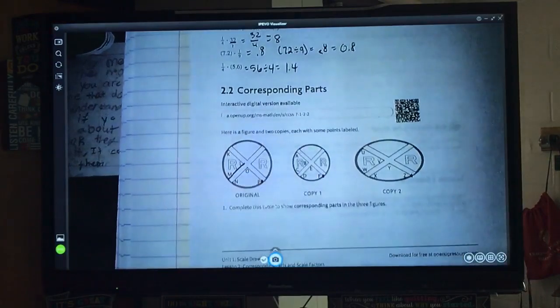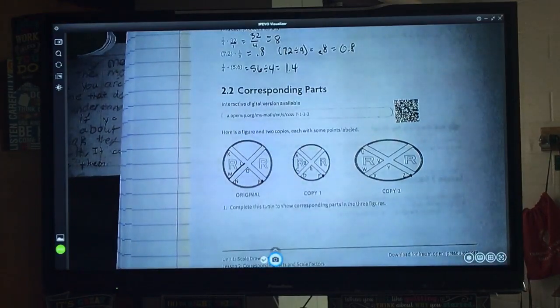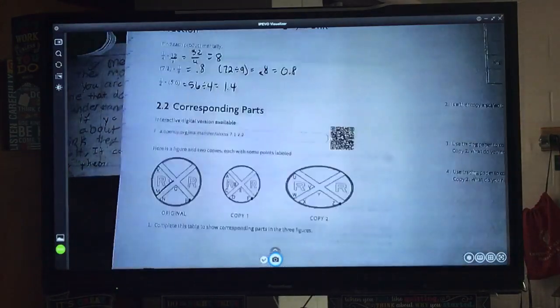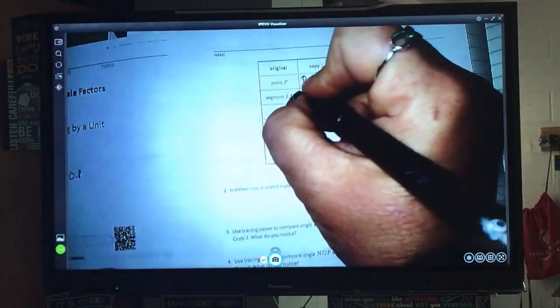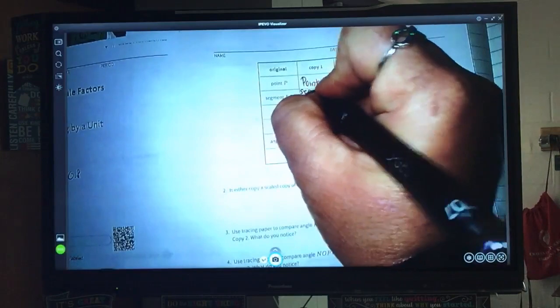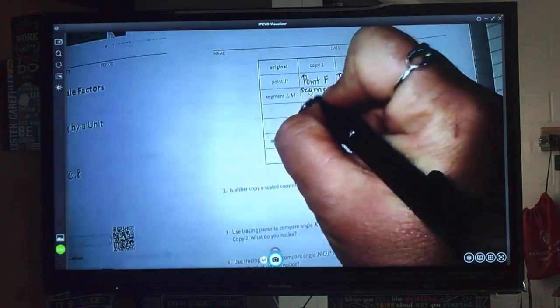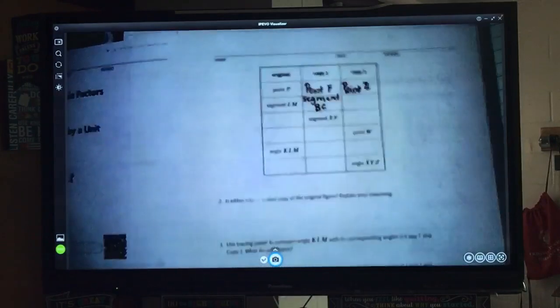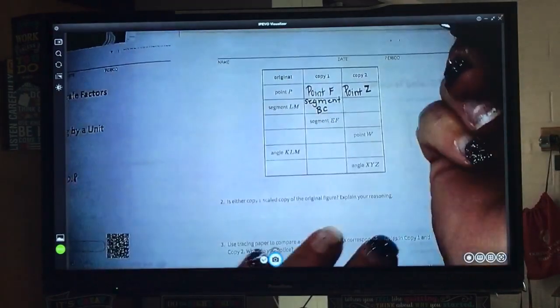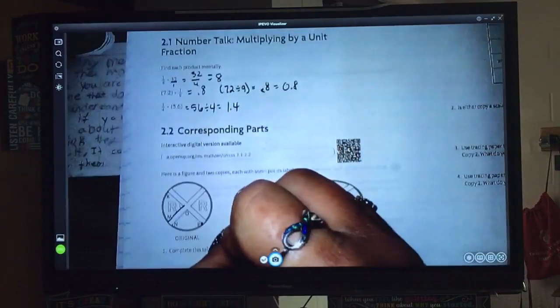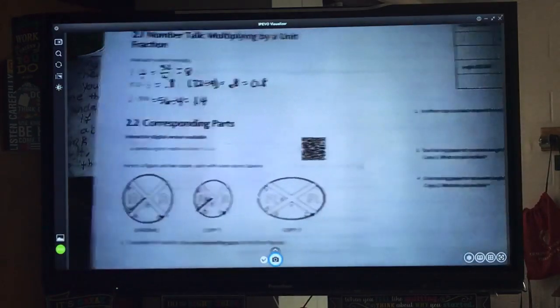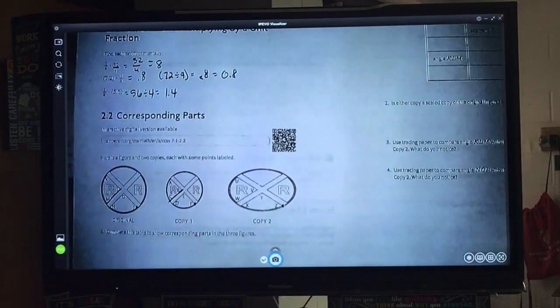Okay, so now we're looking for things that are the scale copy of this darkened line right there. So for copy 1, what is our segment? BC. So BC is our segment for copy 1, and then for copy 2? Caleb? BW.